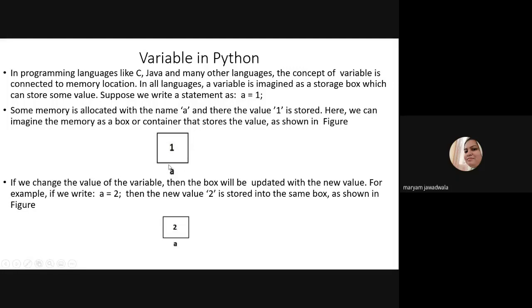Means the system will allocate memory to variable a and the value of that memory location is 1. And suppose I change the value, a equals 2, then what happens? The memory address of a remains as it is, but the value 1 is overwritten with 2.